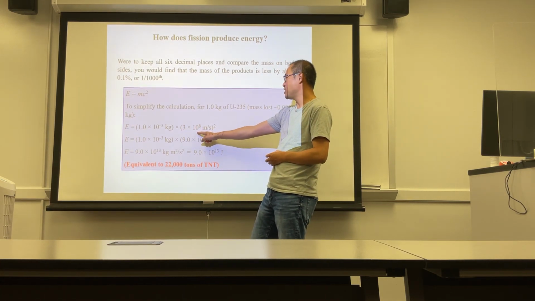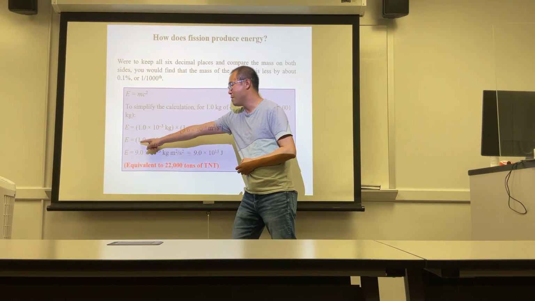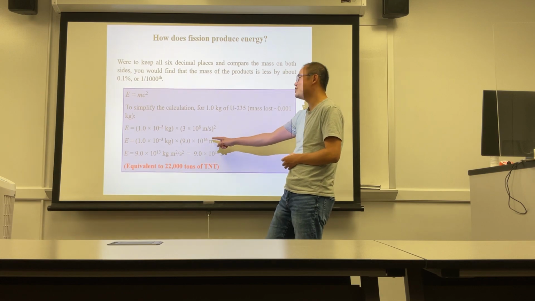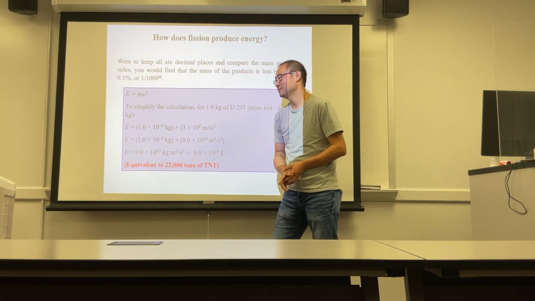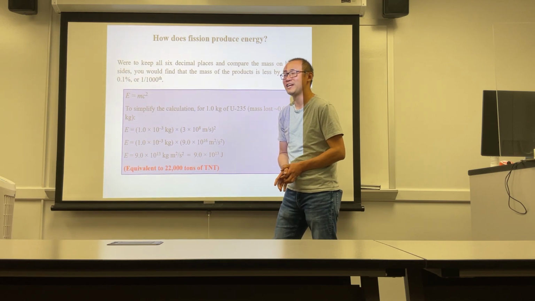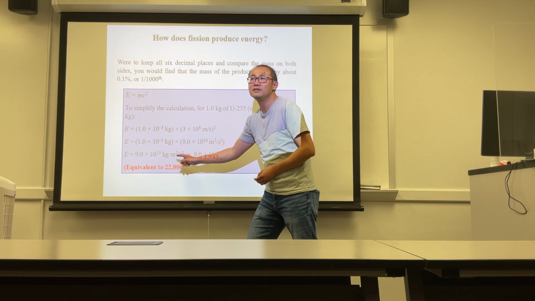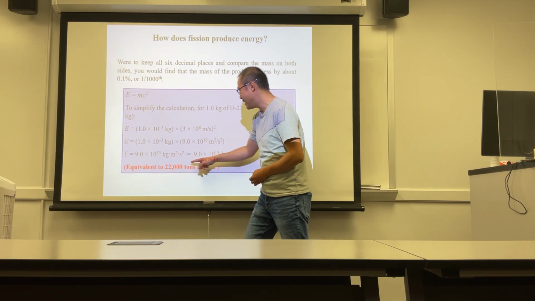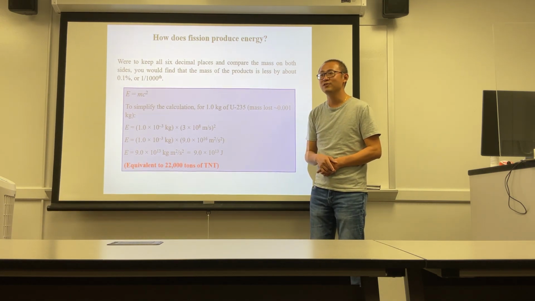It's 3 times 10 to the 8th squared. So mass loss times 9 times 10 to the 16th. This is the answer: 9 times 10 to the 13th kilograms meter square per second square. This unit happened to be the same unit as the unit of energy, joule.